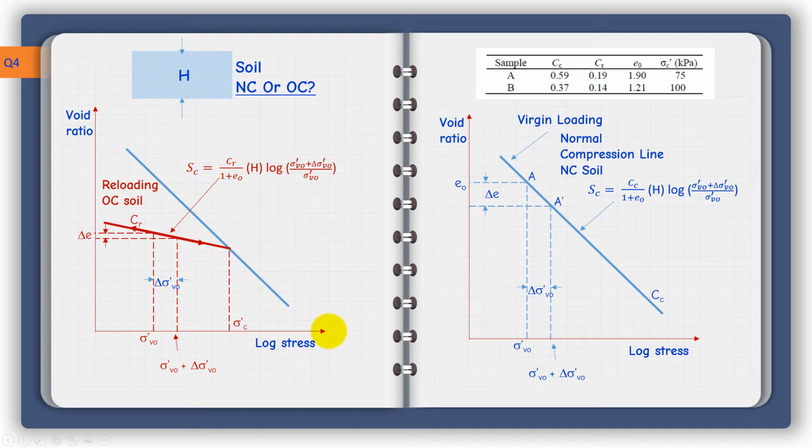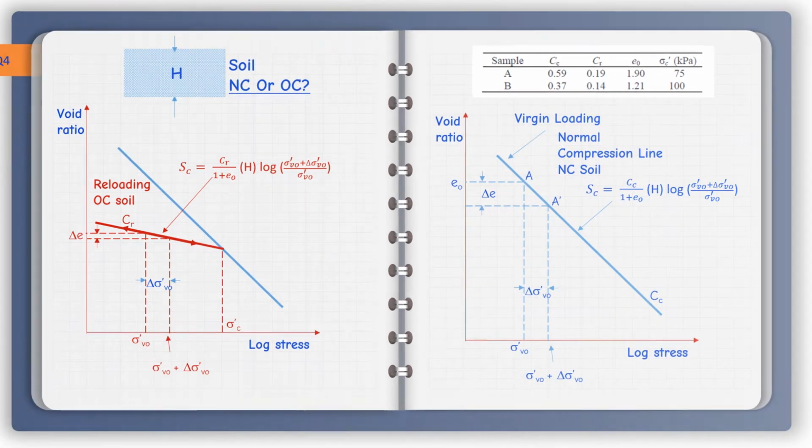And then if another reloading takes place, it should happen along this red line, and the equation that governs the settlement along this recompression curve is this formula, which is exactly like the one for the normally consolidated soil, but in this case we replace the compression index C sub C with the reloading index, or the swelling index, which we call C_R. The right term is the recompression index in this case. Everything else being the same.